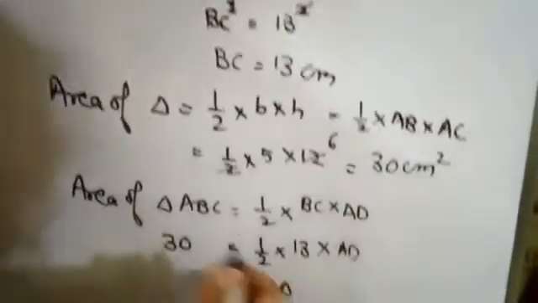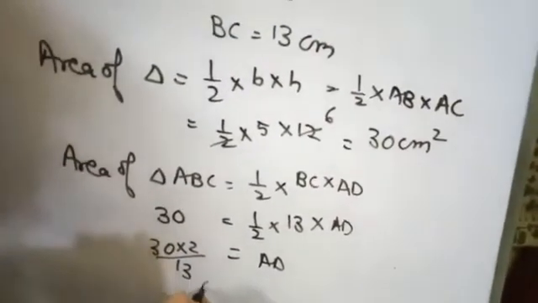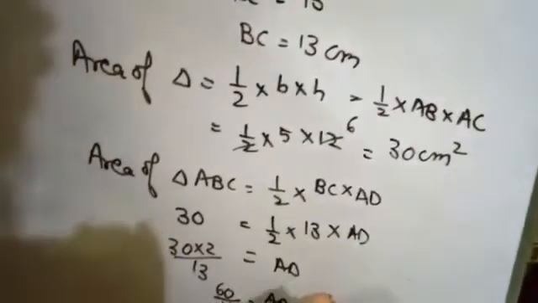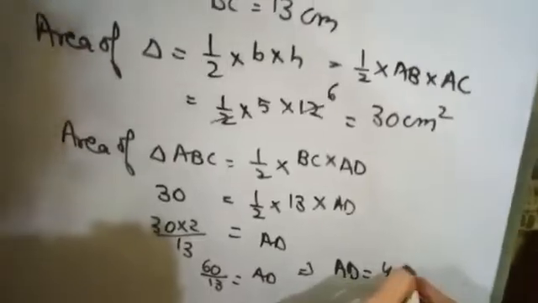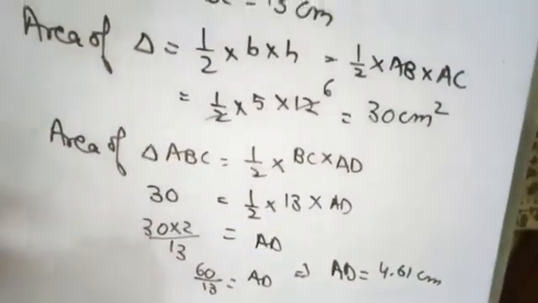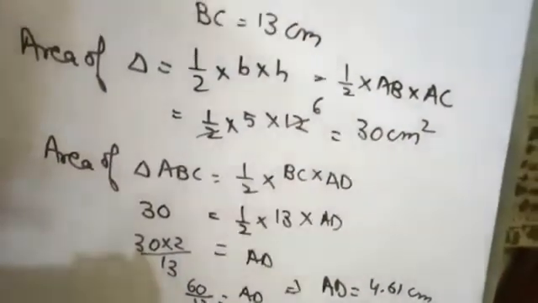So AD will be 30 into 2 by 13, 60 by 13. Therefore AD is around 4.61 centimeter approximately.